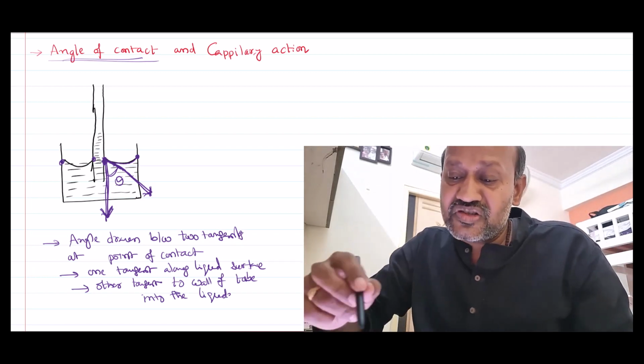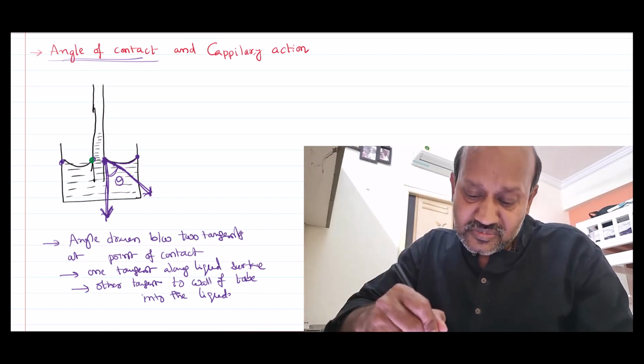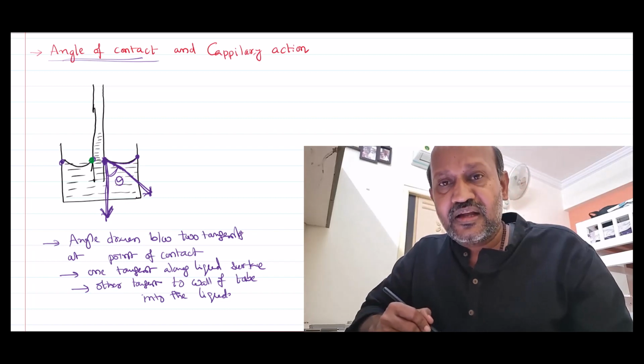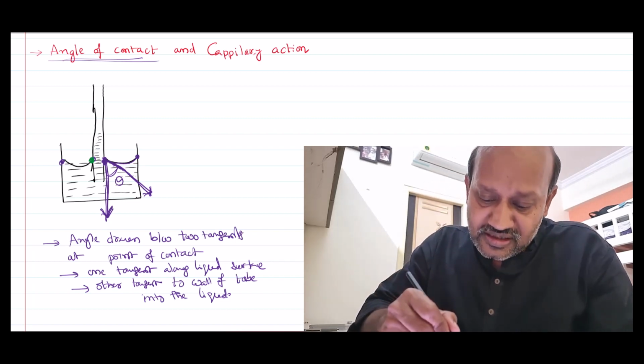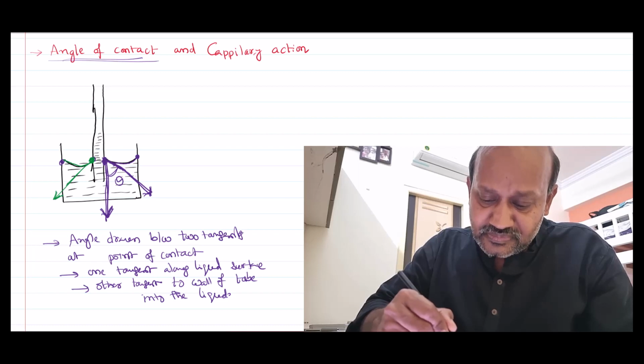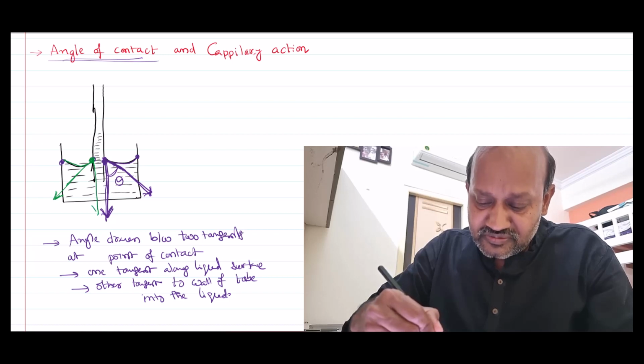So let me demonstrate the same to you at some other location. See, this is also a point of contact. At the point of contact, I shall draw two tangents. This is the liquid surface. One tangent is drawn to the liquid surface this way. Another tangent is drawn to the solid surface, that's the capillary tube, into the liquid. Liquid is downward.